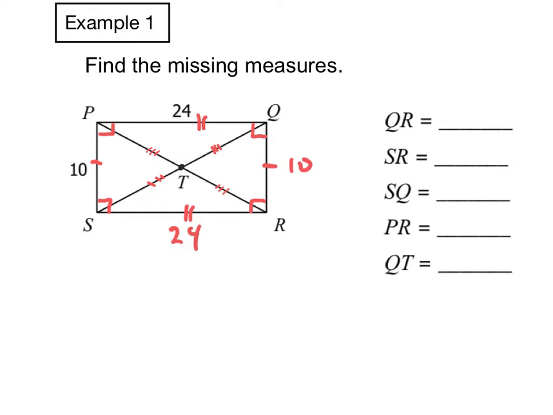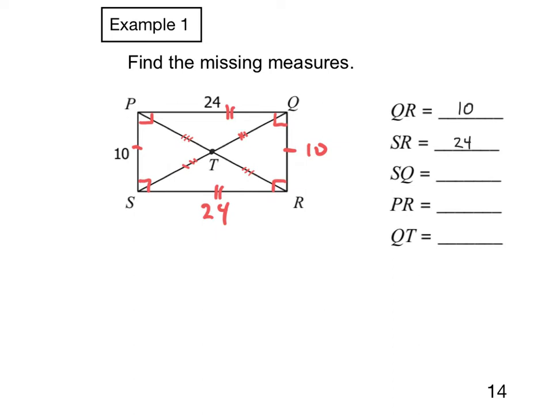We have QR is 10. SR is 24. SQ, I haven't calculated the length of this diagonal right here, but I do know that if this is 90 degrees, I can use the Pythagorean theorem. So a squared plus b squared equals c squared.